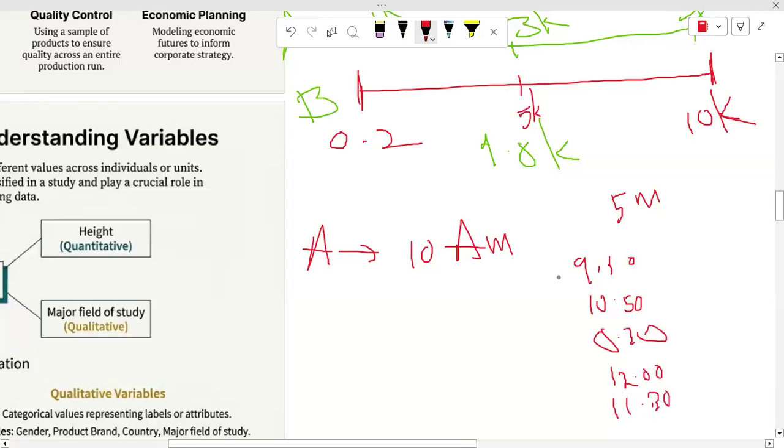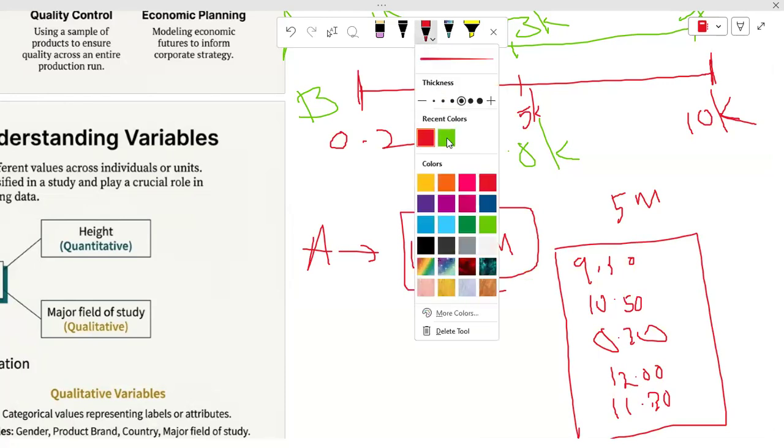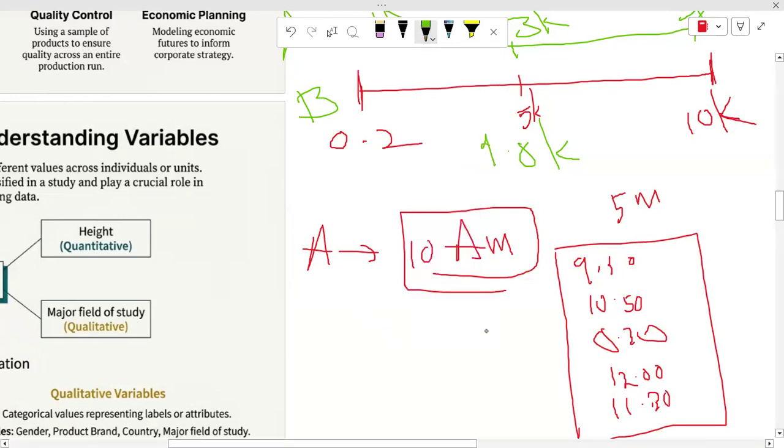This is the behavior of A, to attend the meeting at 10 a.m. And B, person B, he attends 9:45, 10:05, 10:05, or 10:15, 9:50, 9:55.